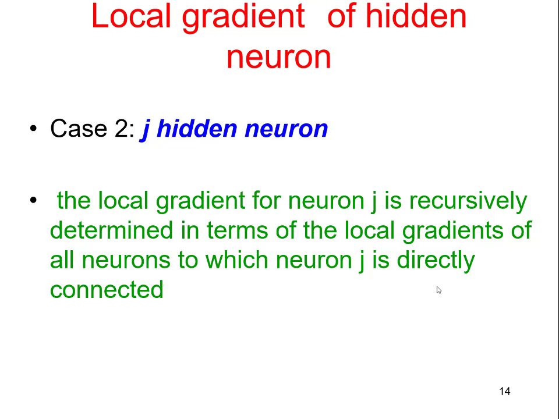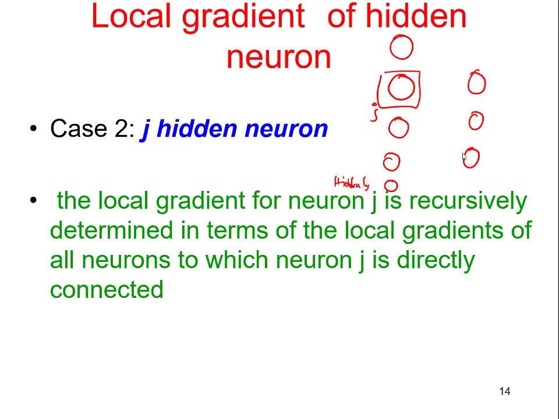For example, if we consider this as our J neuron, in a hidden layer just before the output layer, it is directly connected with three nodes. These three nodes will help to determine the local gradient of this node.